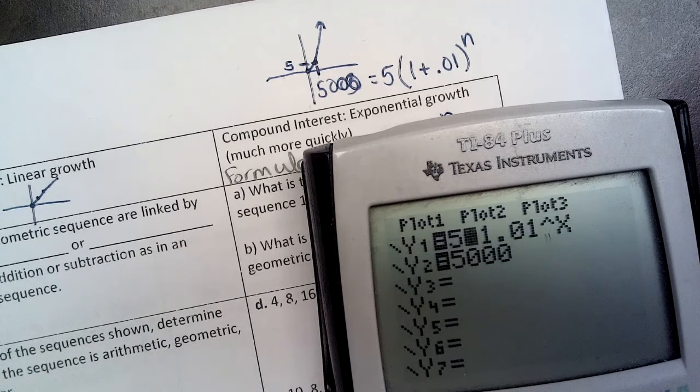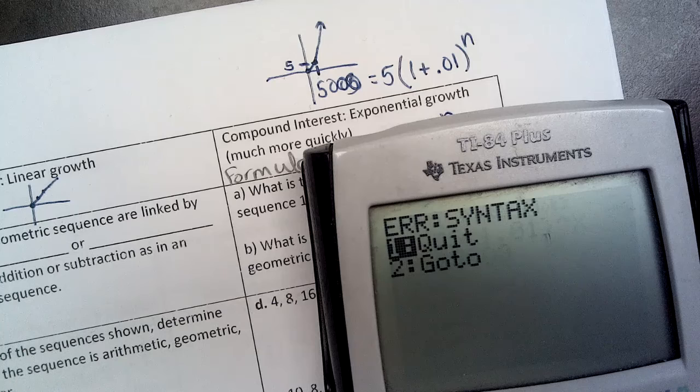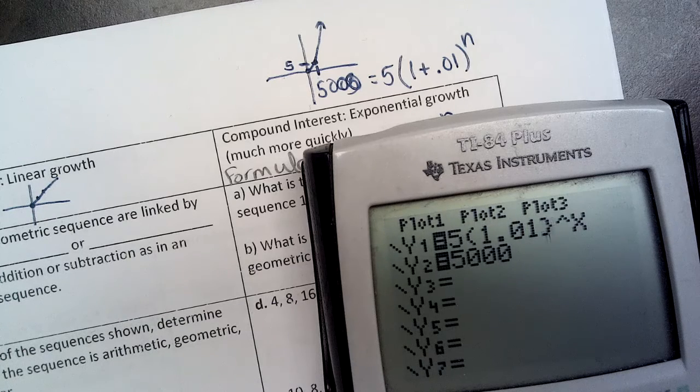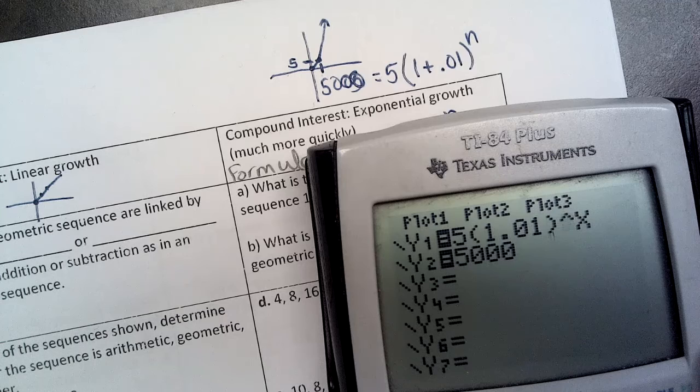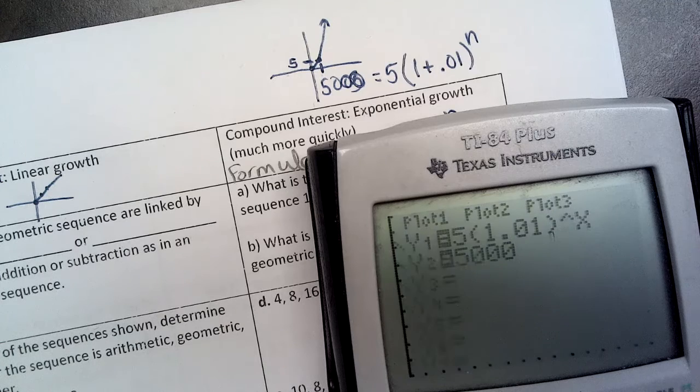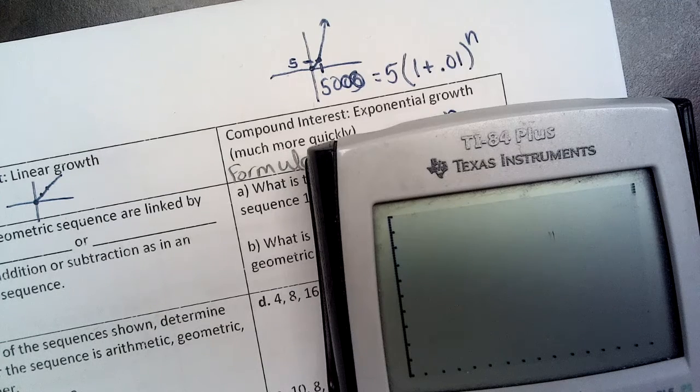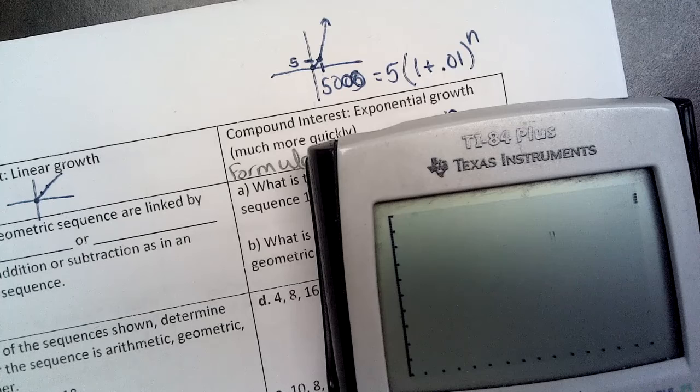Okay, so here I'm going to need to put parentheses. So to the x power. There we go. Now we should... oh, no, now it's telling me there's an error. Oh, because I used a bracket instead of a parenthesis that time. All right, so now let's see what happens. Sometimes these things are finicky.